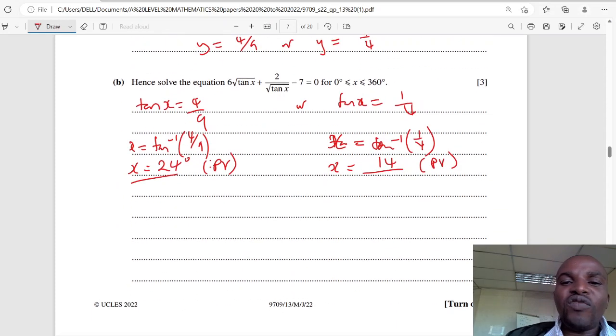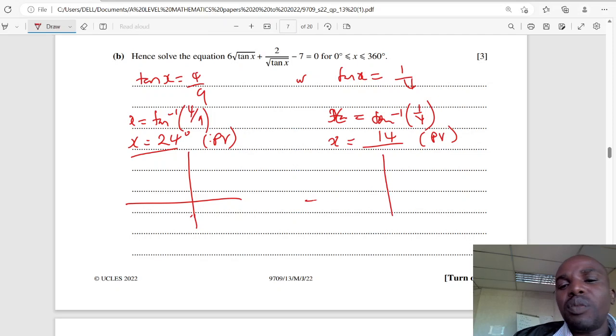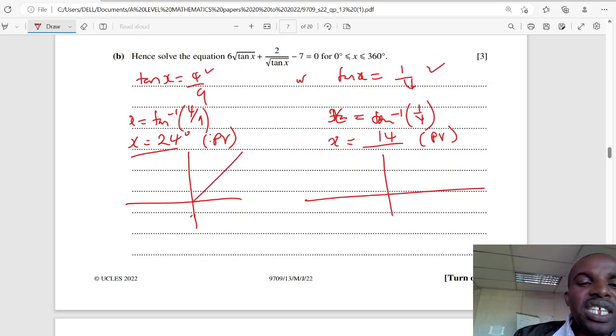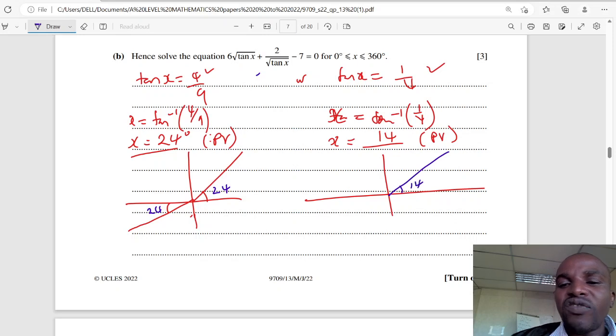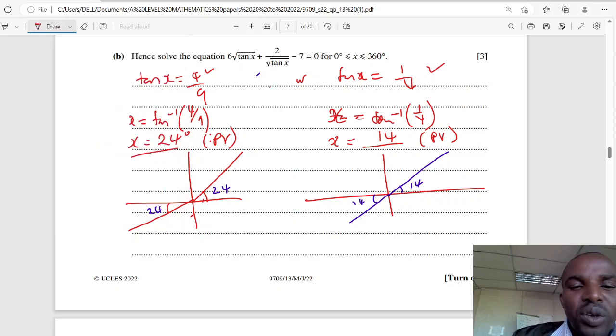Right. Then to find the values now, you can use the quadrant rule. In this case, tan is positive. Tan theta is positive in the first quadrant and the third quadrant. So you can put your angle here and your angle here. The angle is 24, and you put 24 on this part. On this part also it is positive, then there's 14, and in the third there's 14. So the first solution for x is from the positive x-axis to the first line, so it's 24 degrees.